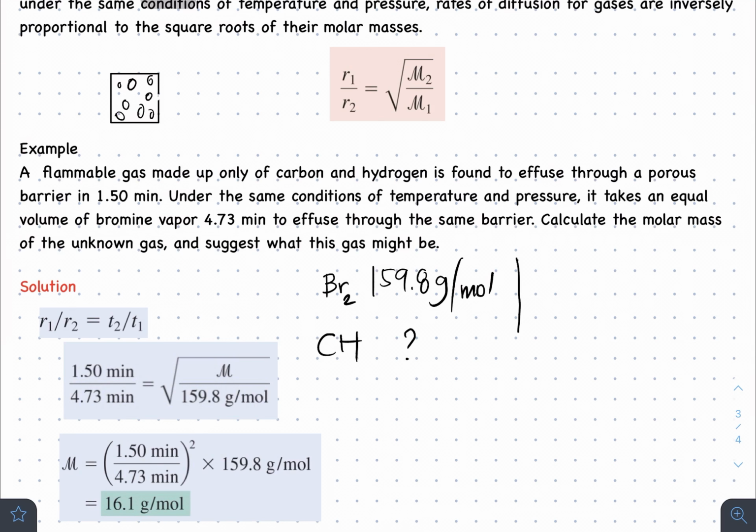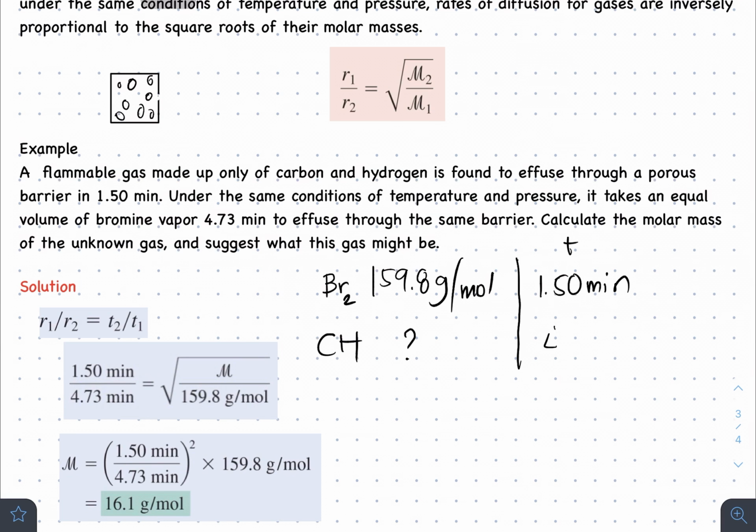However, we were given the time in which the bromine gas and this hydrocarbon gas escape or effuse through the barrier. The CH was able to effuse at 1.50 minutes.